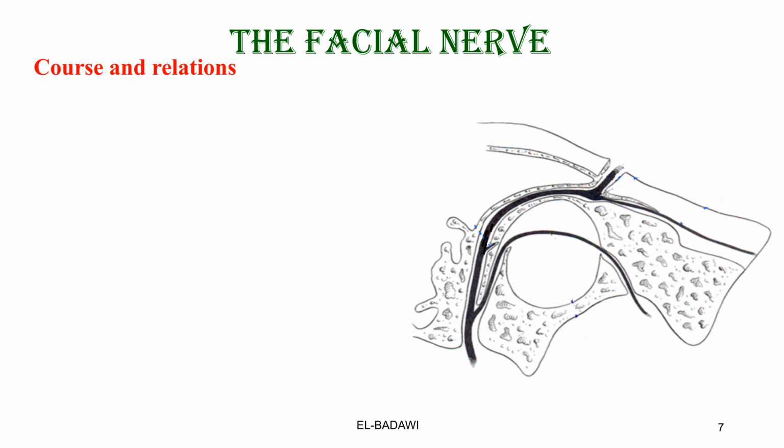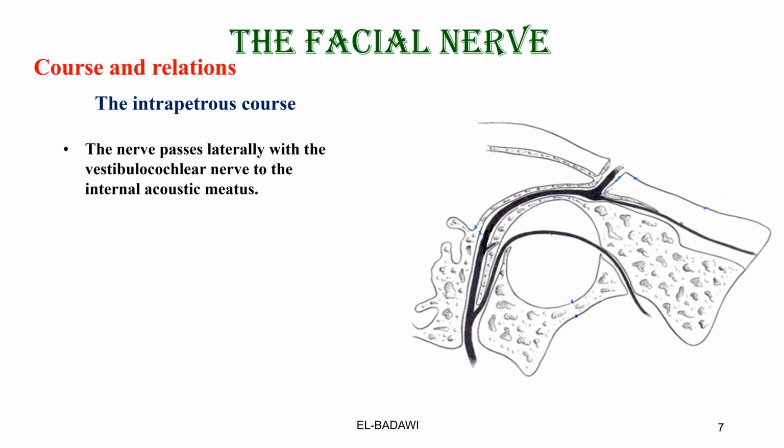The course and relations of the facial nerve will start with the intrapetrous course. The intrapetrous course, that is a section in the petrous temporal bone showing the facial canal, showing the middle ear cavity and the branches within the petrous part of the temporal bone.